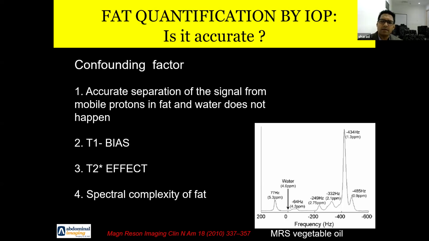And thirdly, fat is complex. When you do MR spectroscopy, you will see that there is one predominant peak, but there are multiple other peaks also. So when you're quantifying the fat, you just can't quantify this. You need to take consideration of other peaks also.